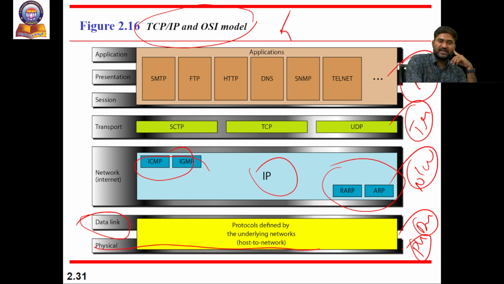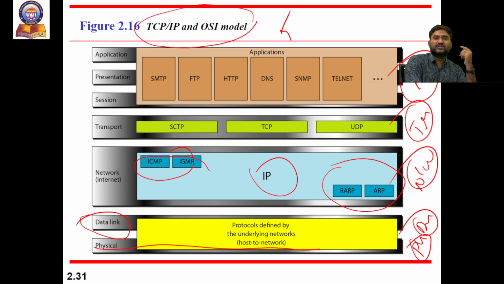IP stands for Internet Protocol, and there is ICMP, Internet Control Message Protocol, and IGMP, Internet Group Message Protocol. These are some protocols inside the network layer. And RARP, Reverse Address Resolution Protocol, and ARP, Address Resolution Protocol.